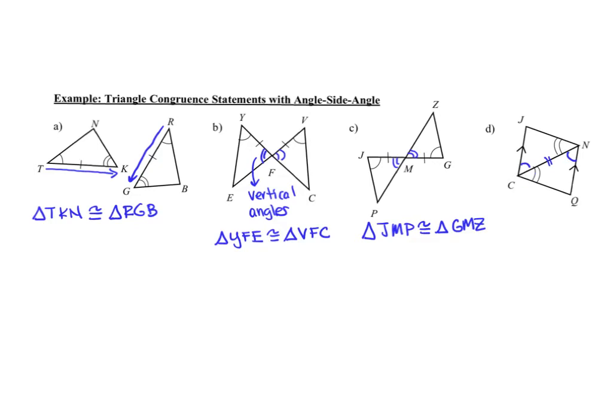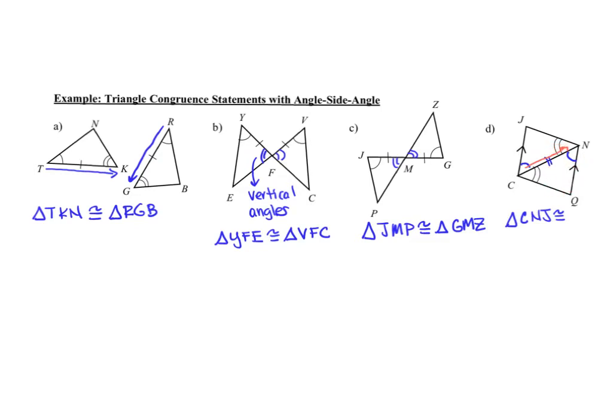So to name these triangles, because these ones could be a little bit confusing, I'm going to start at the angle with 1 arc mark and go towards the one with 2. So that's going to start me off as triangle CNJ for this top one. How would you name the bottom one if I started from the angle with 1 arc mark to go towards the angle with the 2 arc marks?